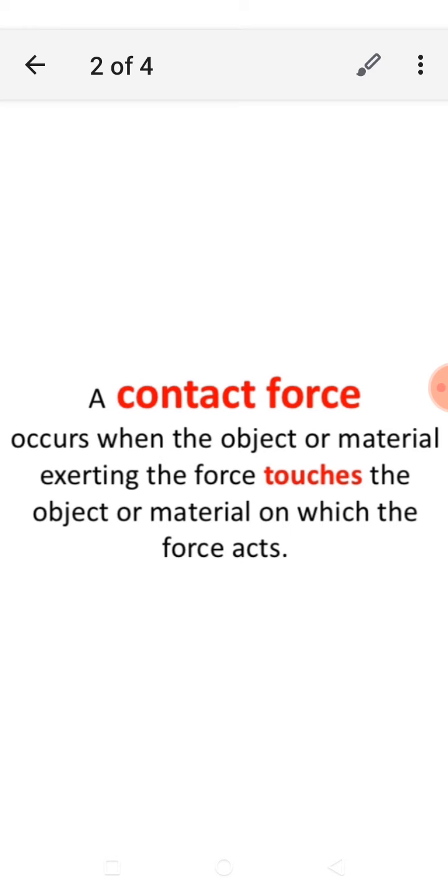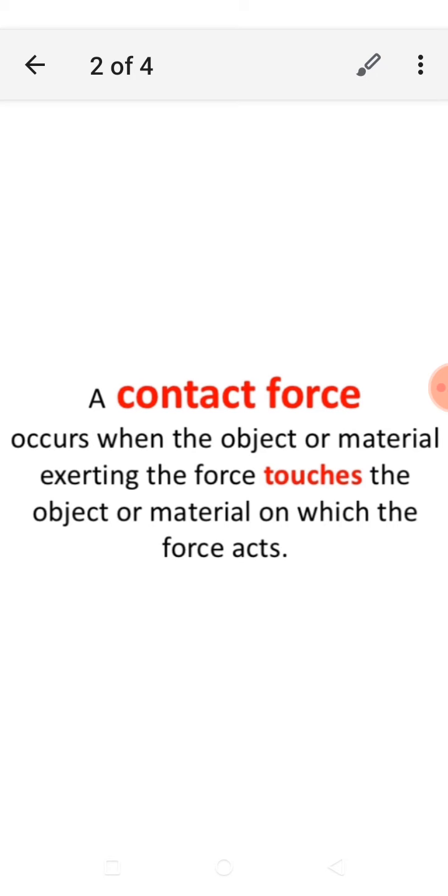Then what is contact force? Briefly we will learn. A contact force occurs when the object or material exerting the force touches the object or material on which the force acts. What does it mean?